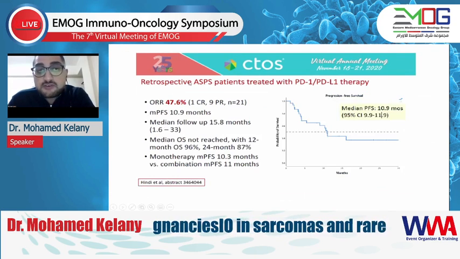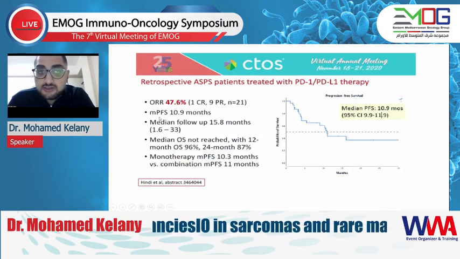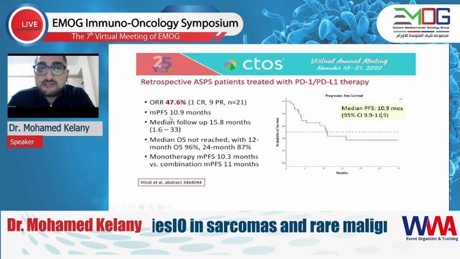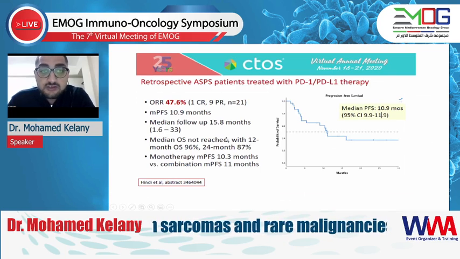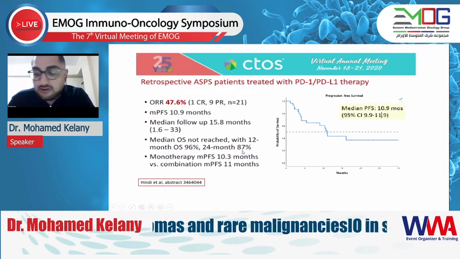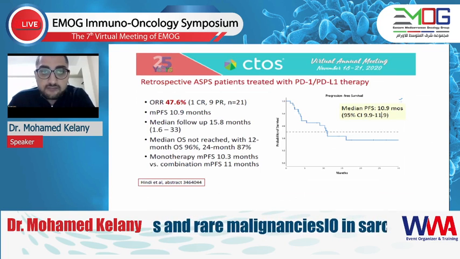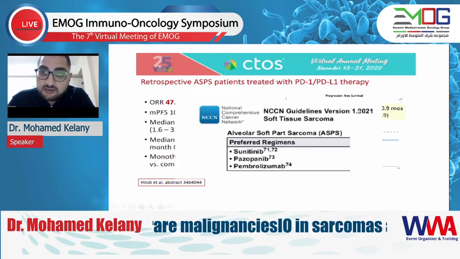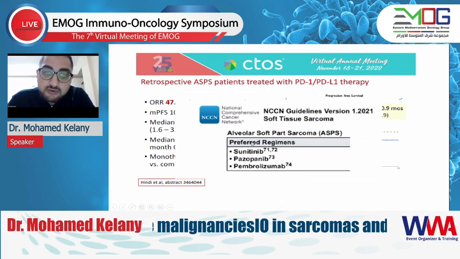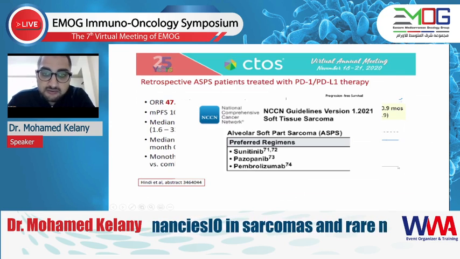This shows an overall response rate near 50%, a median progression-free survival of 10.9 months, and a median overall survival again not reached, with 2-year survival of about 87%. From this data, the NCCN guidelines in 2020 put immunotherapy as an option, especially for this peculiar subtype, alveolar soft part sarcoma.